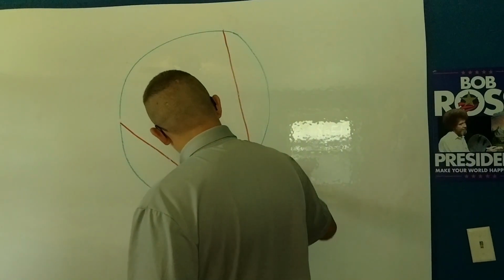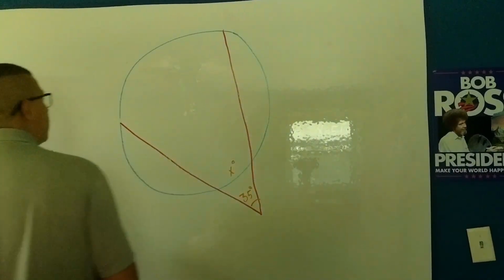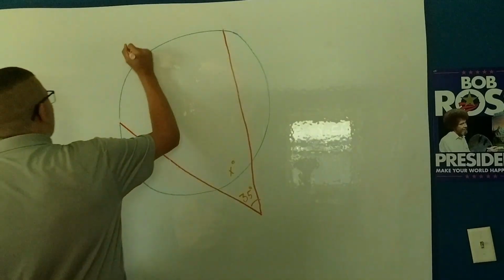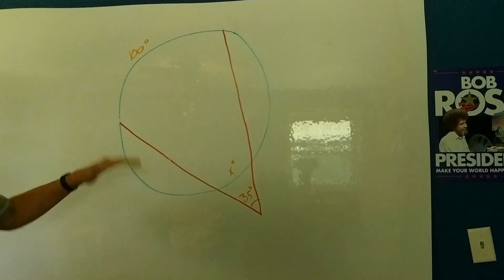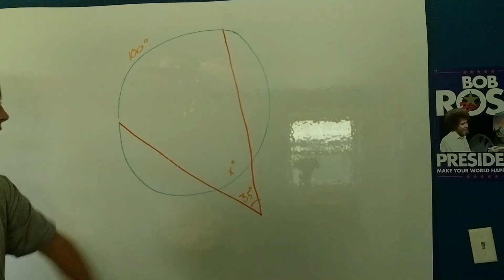This is X degrees, and this is 100 degrees, like that. And I say solve for x.